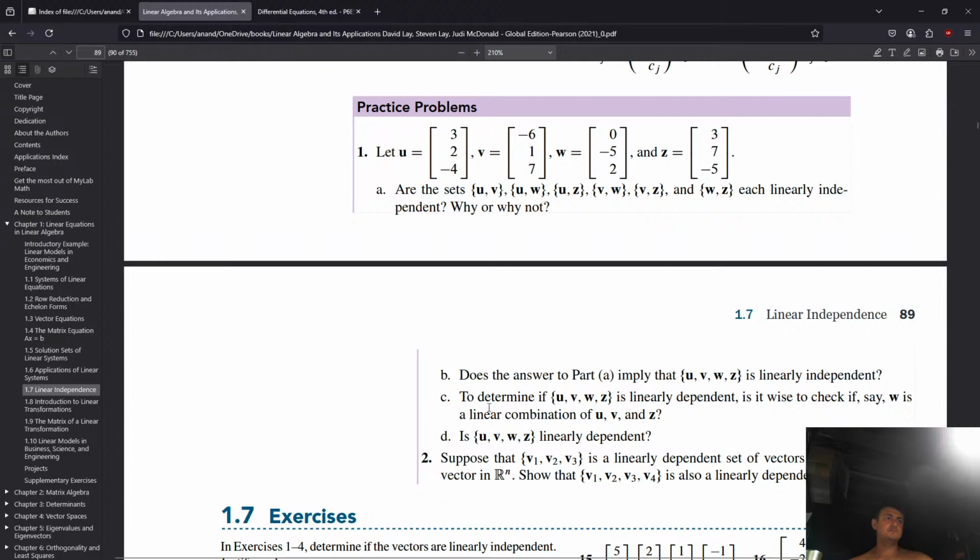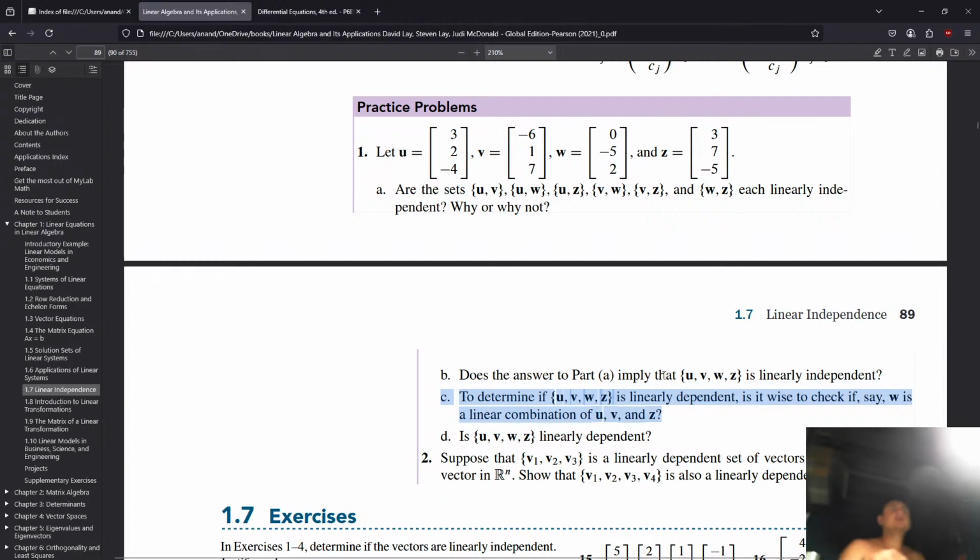independent. To determine if it is, it wise to check, say, okay, so we said the two vectors are unparallel, yeah? They are parallel, dependent.